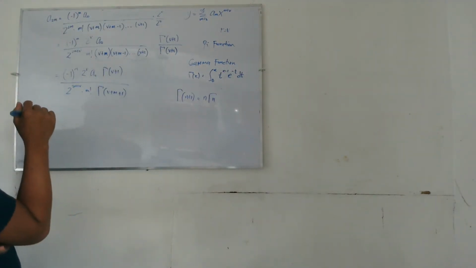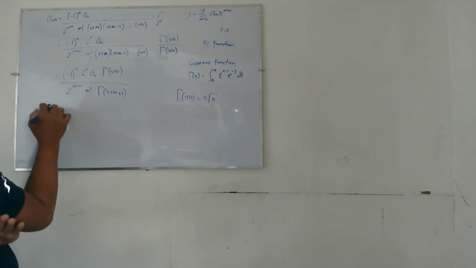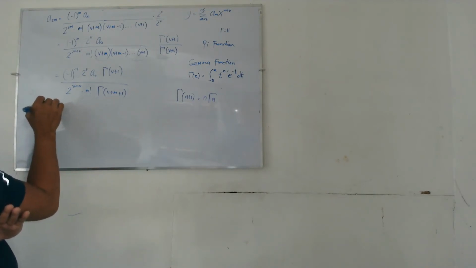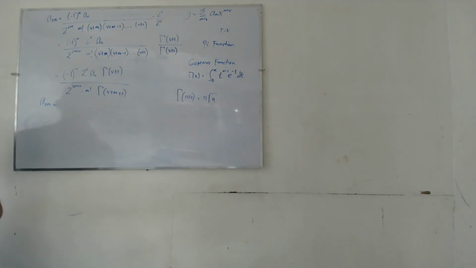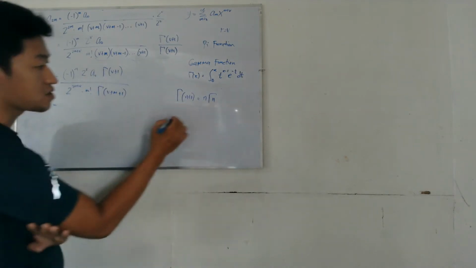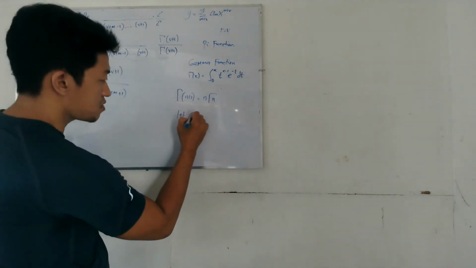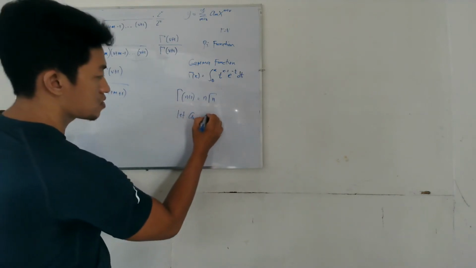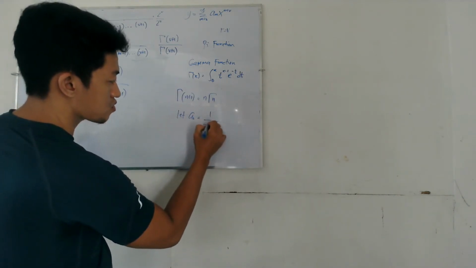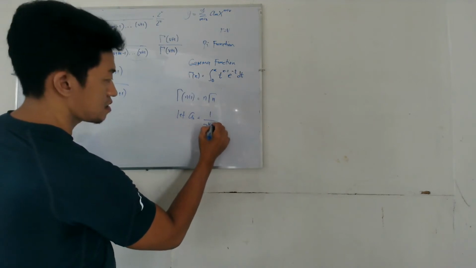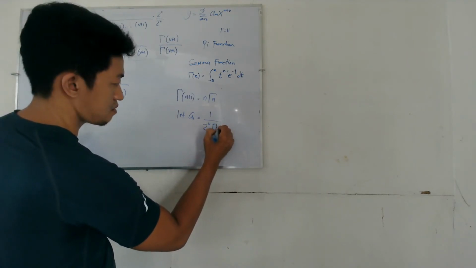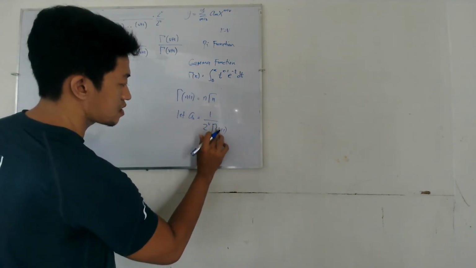Then a to the 2m. It is a bit messy because we need to find the value of a sub 0. So to simplify, we let a sub 0 equal 1 over 2 to the b gamma of b plus 1.